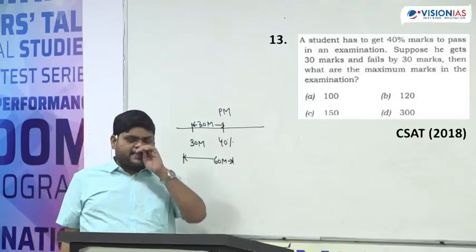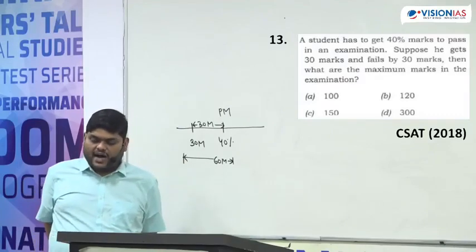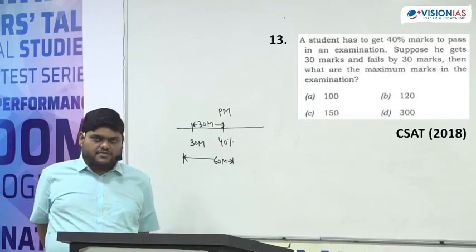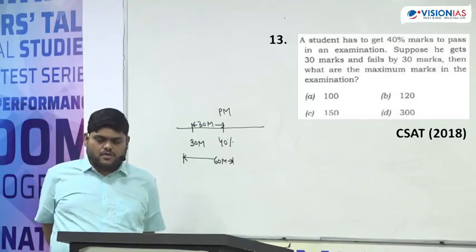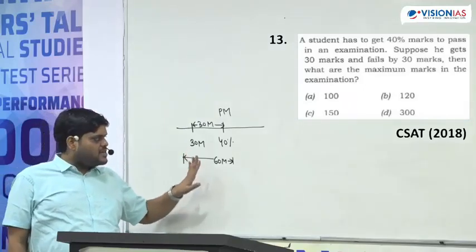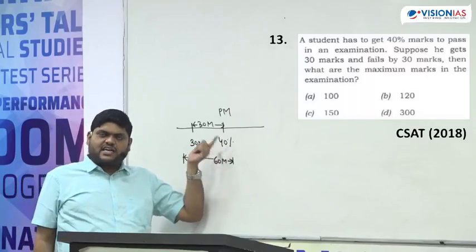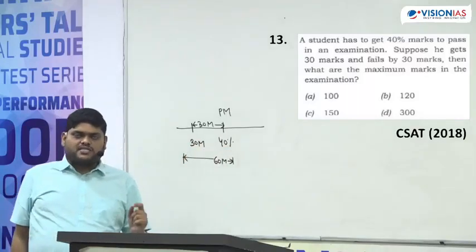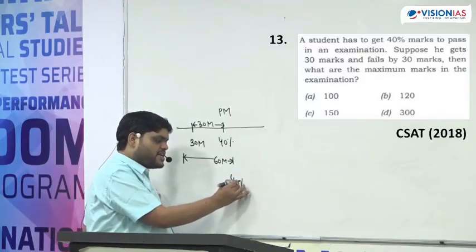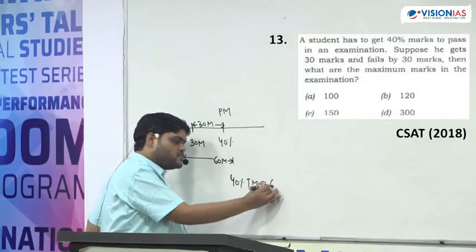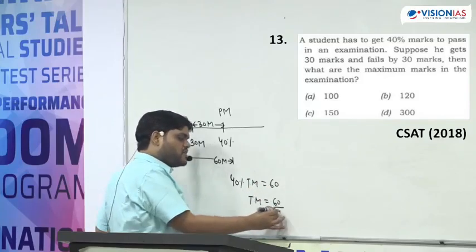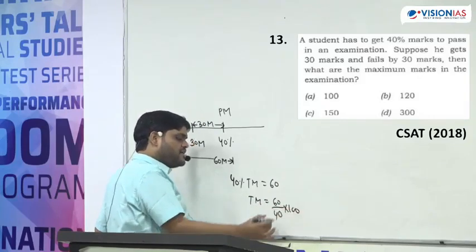So 60 marks is required to pass the examination, and in terms of percentage, it is given that 40% marks is the passing marks. So we can say that 40% of total marks is equal to 60. So total marks is equal to 60 upon 40 into 100.